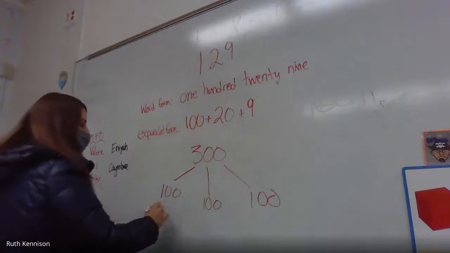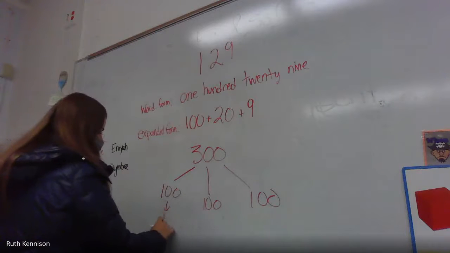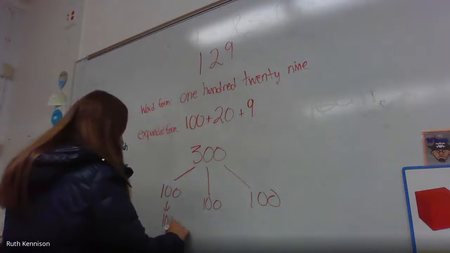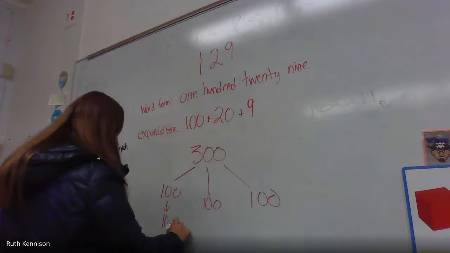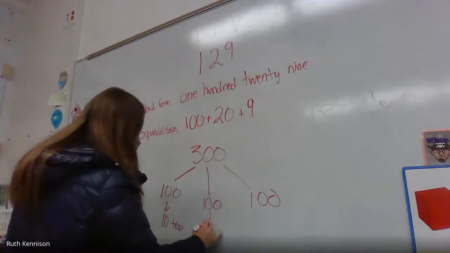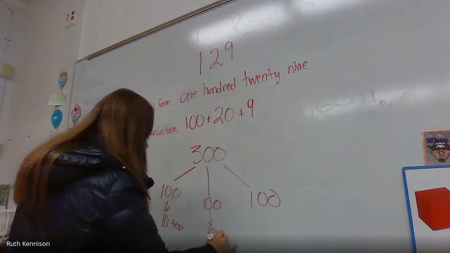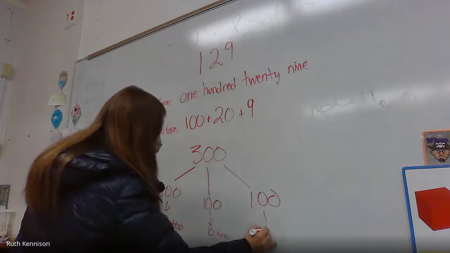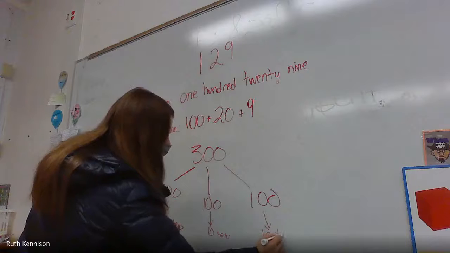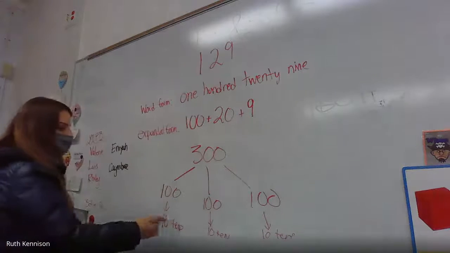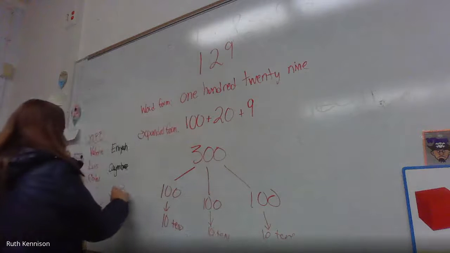And each one of those is worth 10 tens, right? 10 tens, 10 tens, 10 tens. Then I have 10, 20, 30.